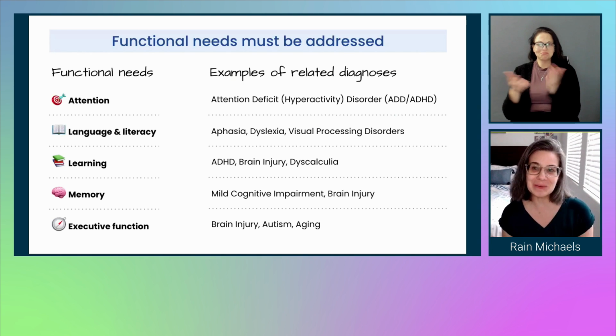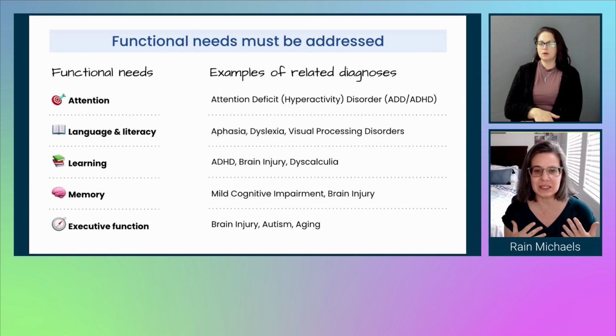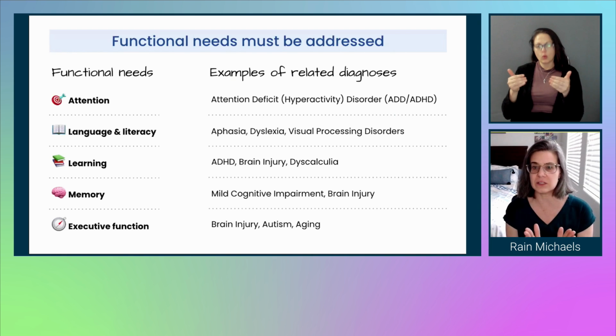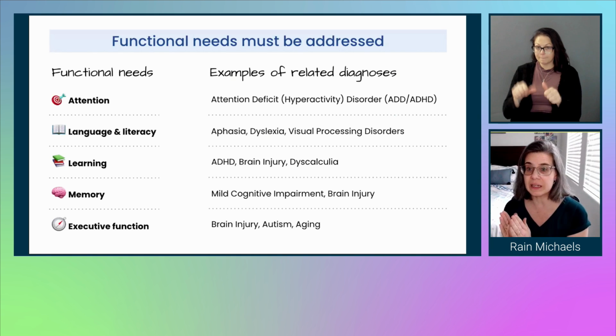A really important one is attention. Attention comes down to the ability to focus your attention, so the ability to stay focused on something specific. But it also means the ability to redirect attention to something else.